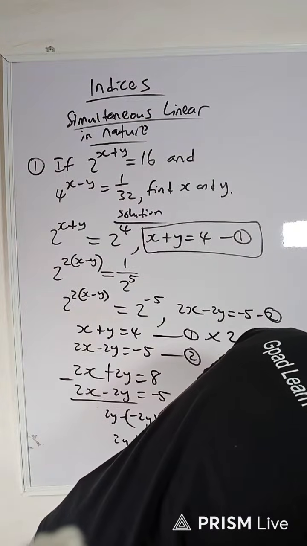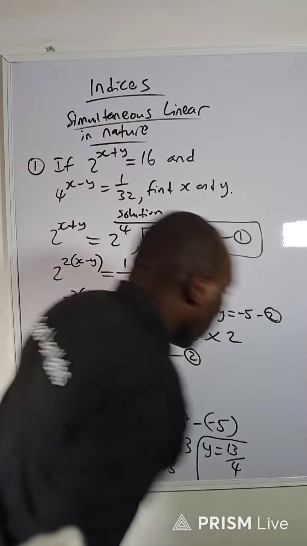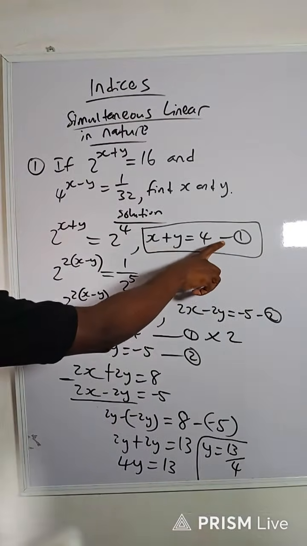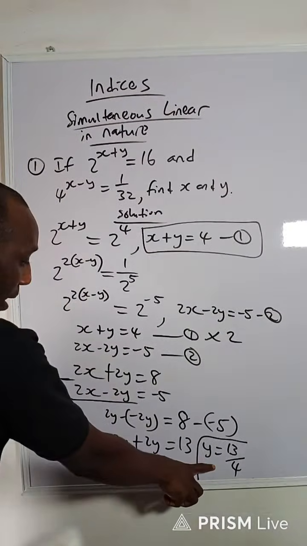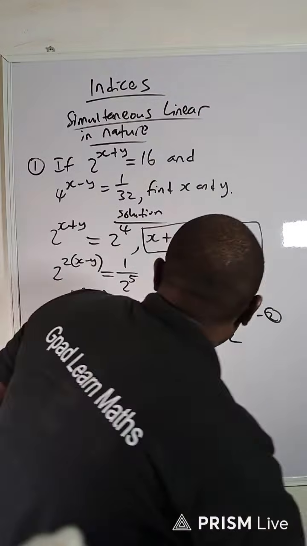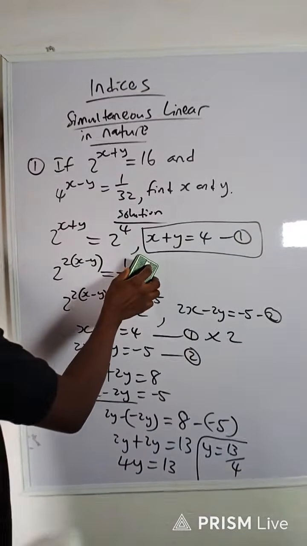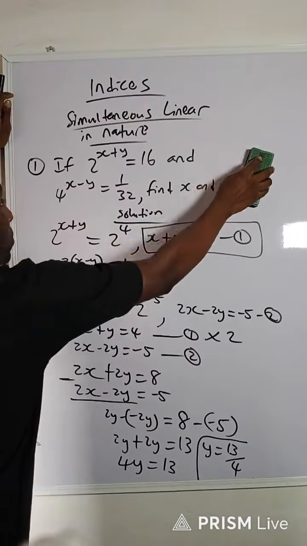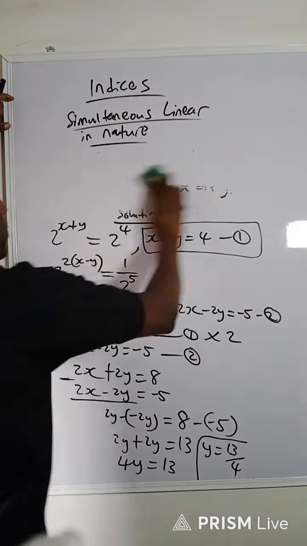So let's keep going. This is equation 1. Let's use equation 1 to get x. So if y is 13 over 4, let me just clean the question from here.